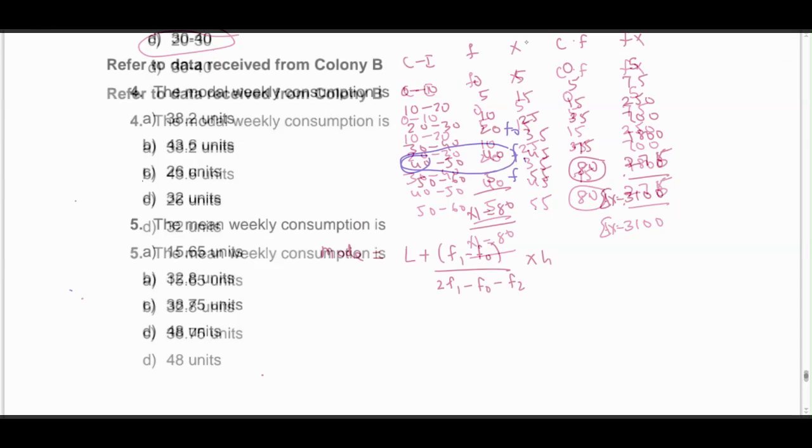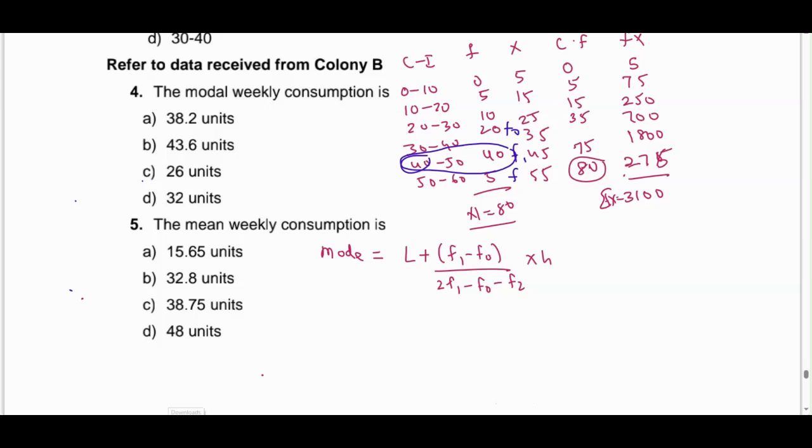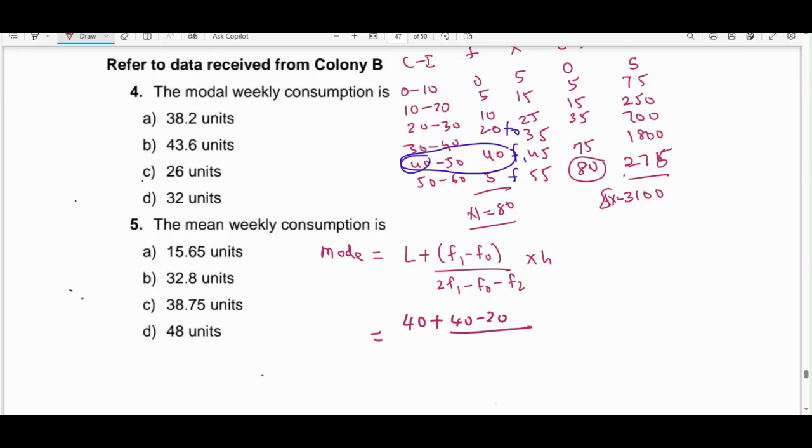Now they're asking you to find the modal weekly consumption. So you have to use the mode formula we have written. Here L will be how much? L is the lower limit, that is 40. 40 plus (f1 minus f0) divided by (2 f1 minus f0 minus f2) into h.